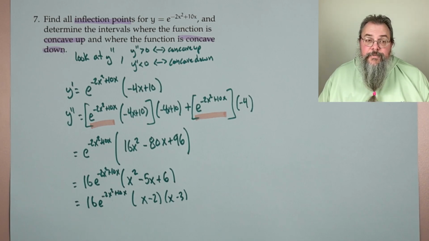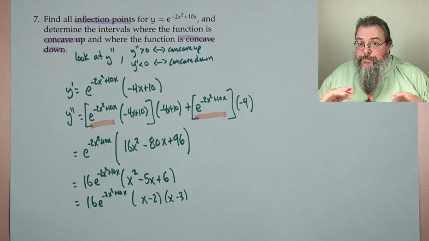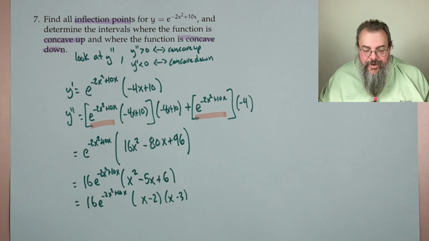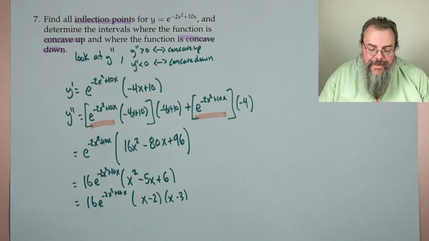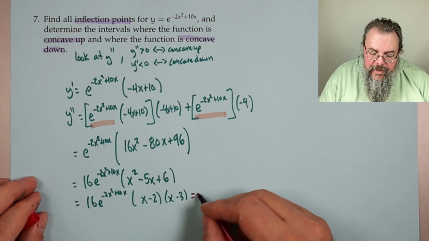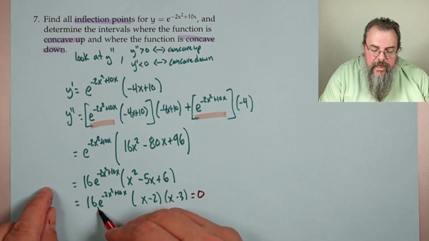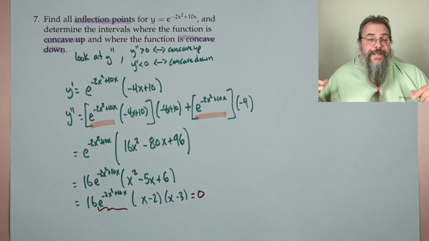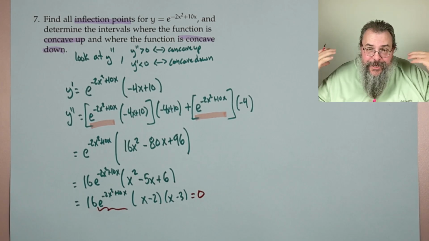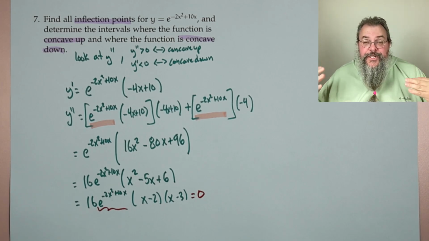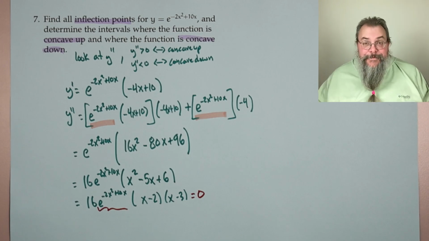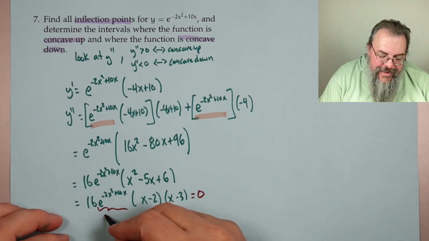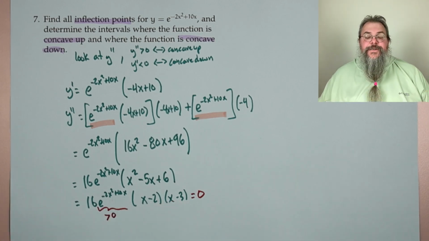Okay, so now, are we ever undefined? No. This is great. We love this. Are we ever 0? Maybe. Well, what happens? This exponential function, remember, is an incredibly optimistic function. It's always positive. It's a happy function. So it's never 0. So it's like, cool.